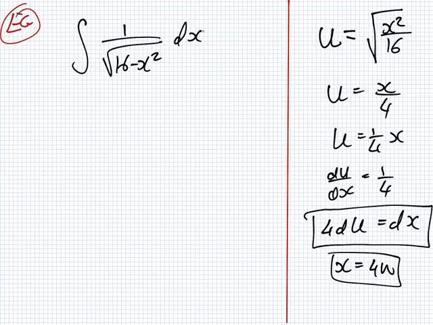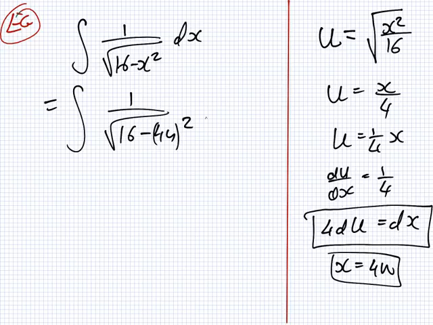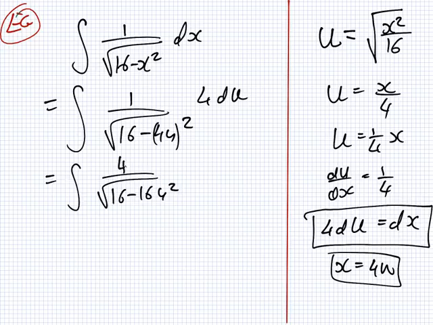Putting both of these back in here, this becomes 1 over root 16 minus 4u squared, and dx becomes 4 du. So this is 4 du over root 16 root 1 minus u squared, because I can take the 16 out here.